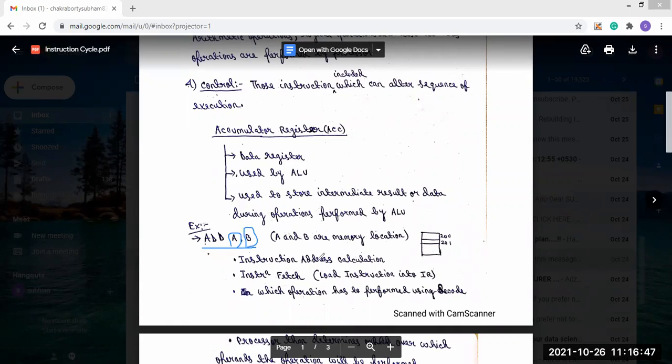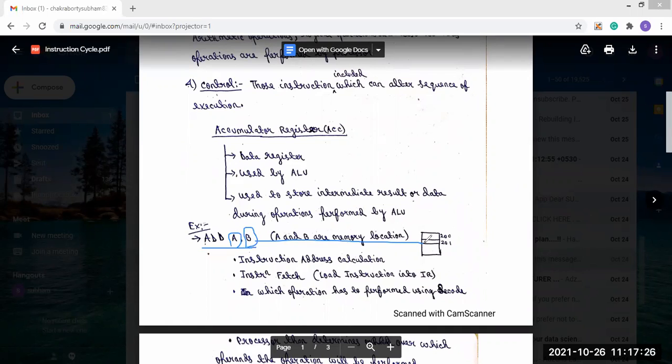Now this instruction, ADD A comma B, is stored in a memory location, let's say with address 201. As a layman's term, when this instruction comes, the instruction's address is calculated first. Where this instruction is stored in memory, that address should be calculated first.